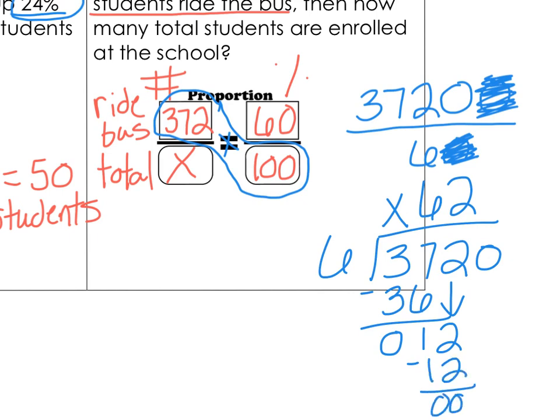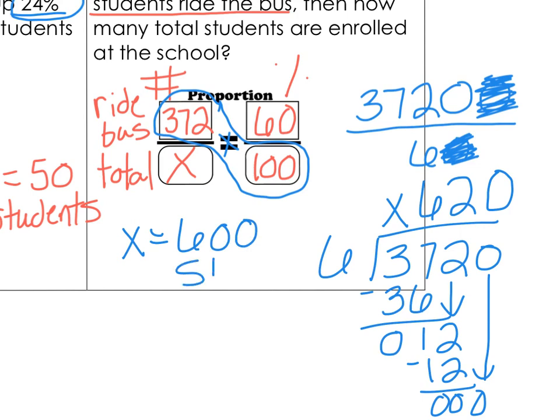Yes, we've zeroed out, but we have one more 0 left in the back, so you could either just bring that 0 up or bring it down and ask yourself how many times 6 goes into 0, and then you would say 0. Okay, so here our x equals 600 students.